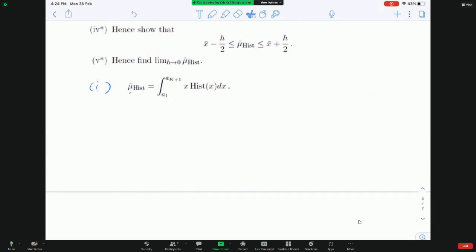So how can we simplify this integral? We know that this integral is equal to the integral from A1 to A2, added to the integral from A2 to A3. We just partition them according to the subintervals.